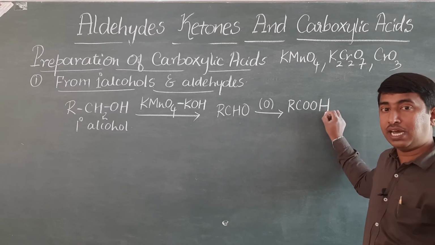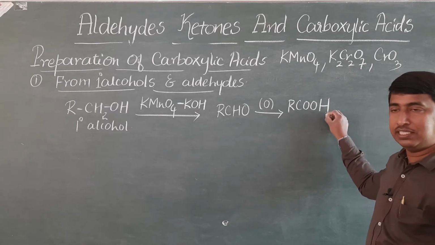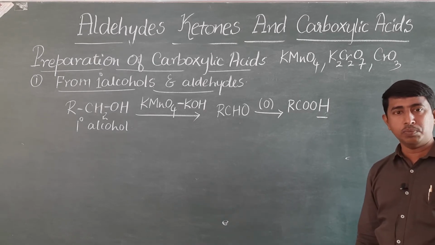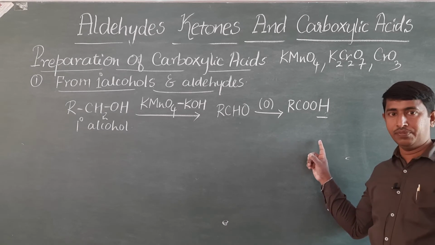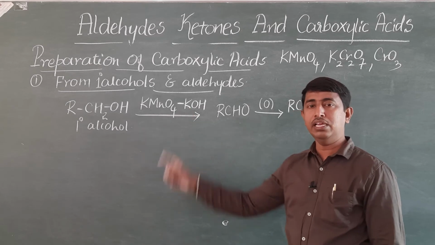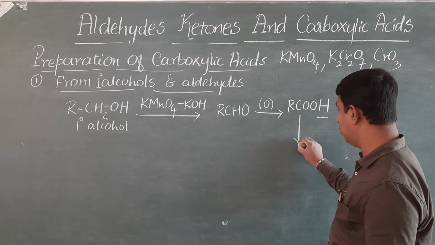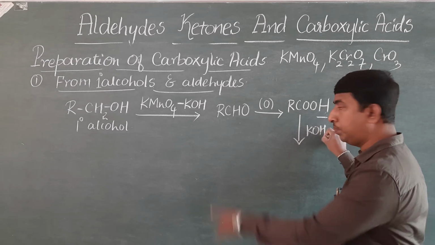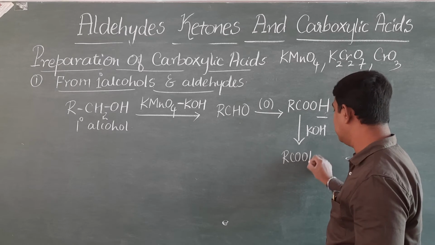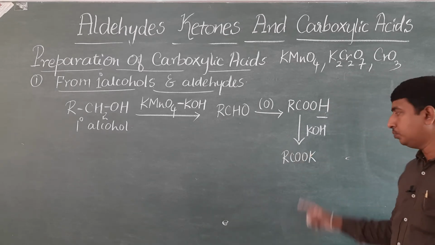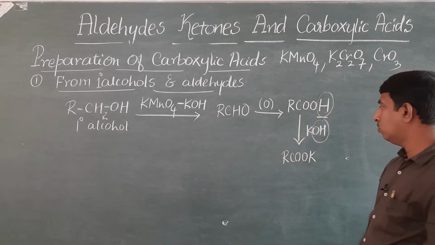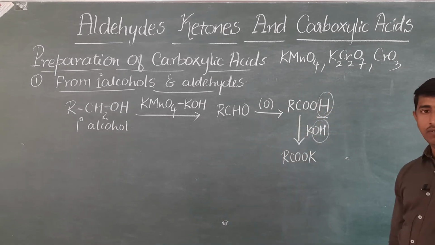Now what happens to this carboxylic acid? Carboxylic acids are acidic in nature. They contain H plus ions. So since they are acidic, they will readily react with the base present in the medium, that is KOH, which is present in the solution, forming salt, that is potassium salt. This will liberate H plus, KOH will give OH minus, H plus and OH minus will form water.